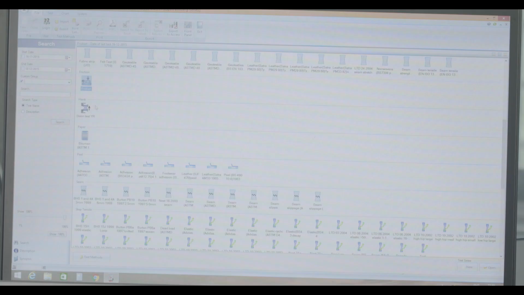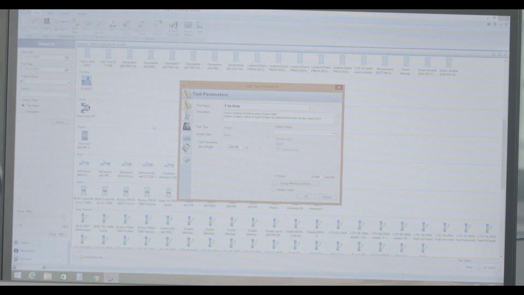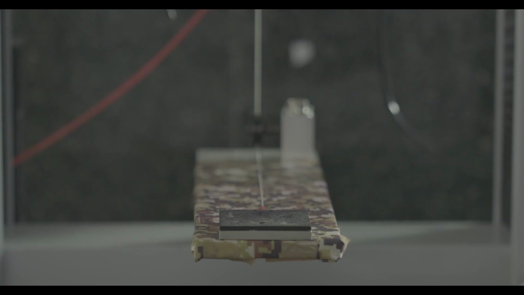After that, select the friction test option in the software. Adjust the gauge length to 200 mm and speed to 200 mm per minute. Place the sled at its starting position. Then start the test.